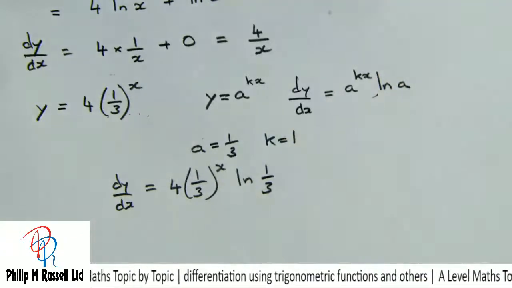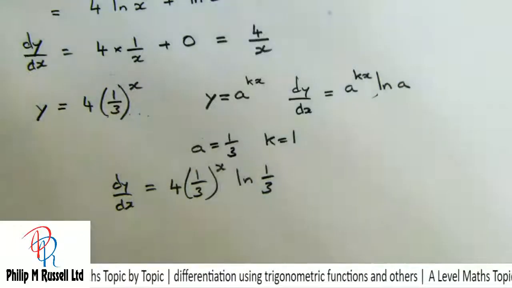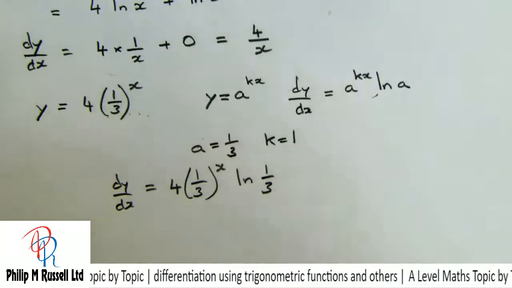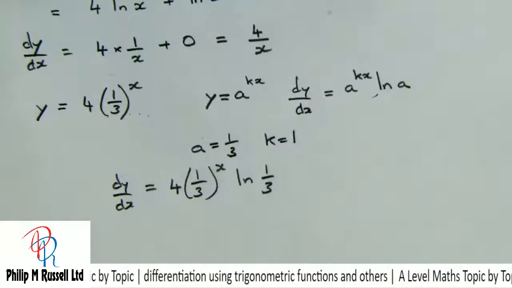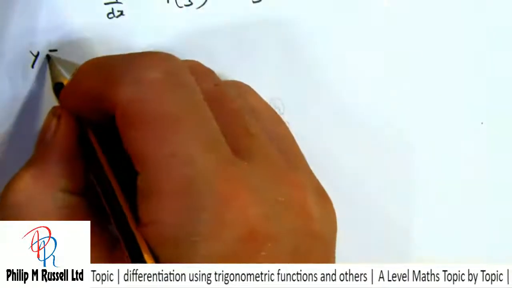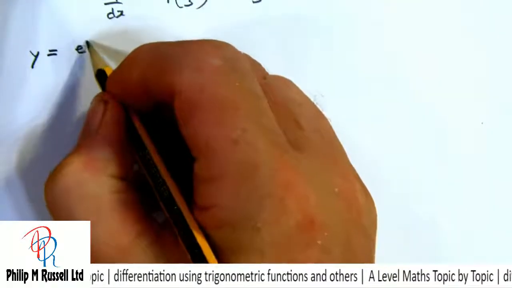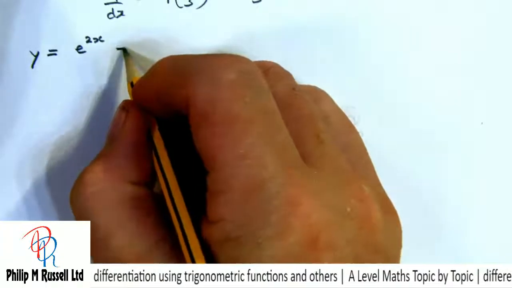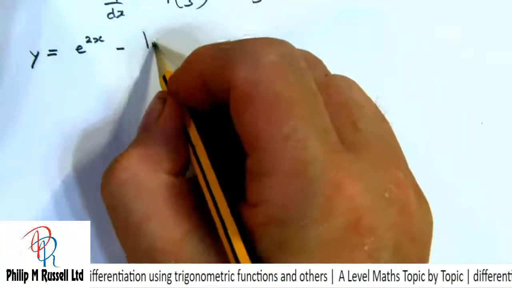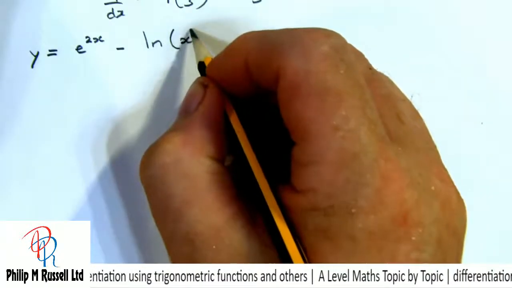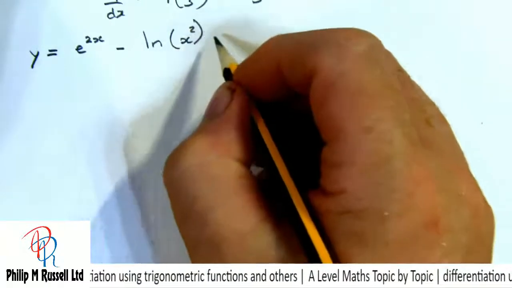Now let's take something that's not particularly nice, some function of x, and this is going to be e to the 2x minus the ln of something like x squared.